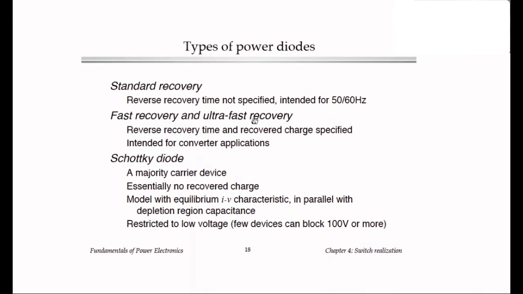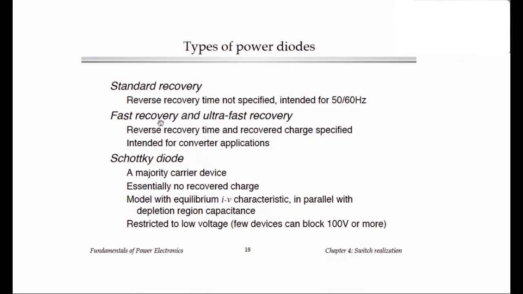Fast recovery and ultra fast recovery, or more recently called super or hyper fast recovery, these refer to diodes where the reverse recovery time is specified and they are intended for switching converter applications.